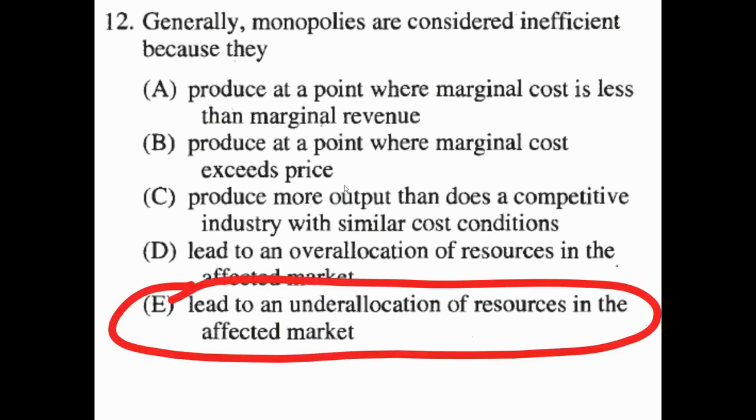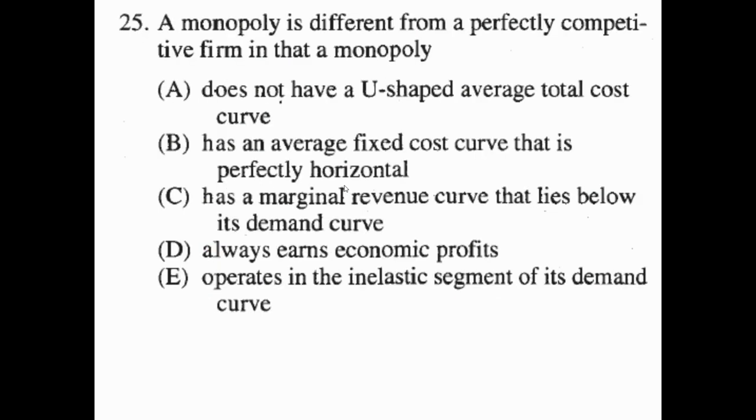Okay, so if your answer is E, you're right. Monopolies are considered inefficient because they lead to an under-allocation of resources in the affected market. Next question. A monopoly is different from a perfectly competitive firm in that a monopoly? Pause the video now.